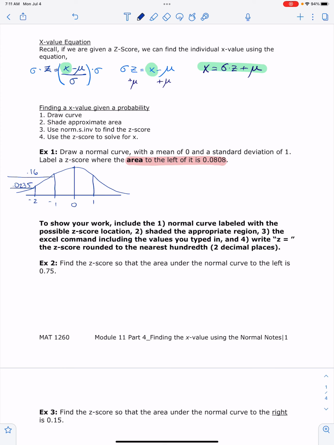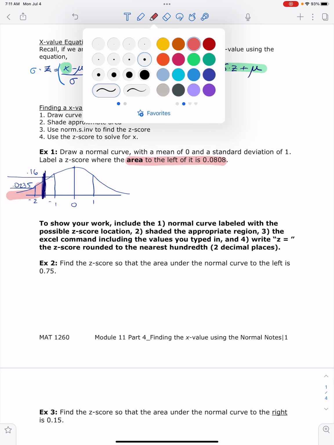So if I want a z-score where the area to the left is 0.0808, it's going to be somewhere between those two. Keep in mind this is not linear, so it's not halfway between. But I can just take a guess and shade my area.